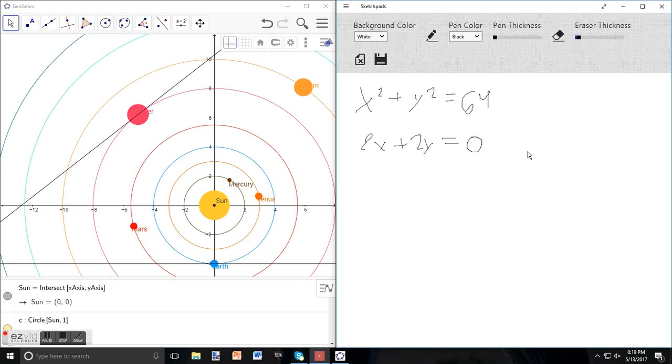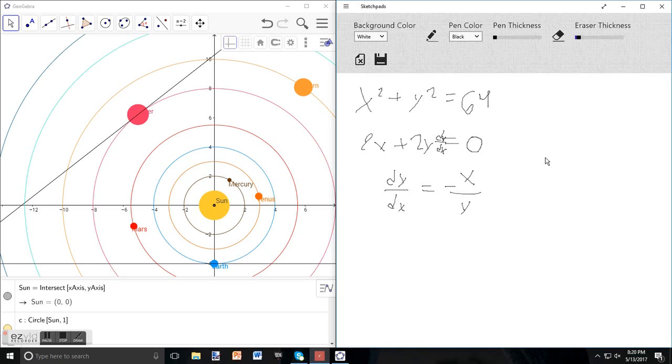This should be looking familiar, because the derivative dy over dx of any circle centered on the origin will be negative x over y. The reason is that the radius squared, when you derive it, will always equal 0.